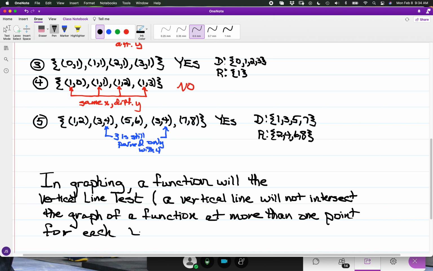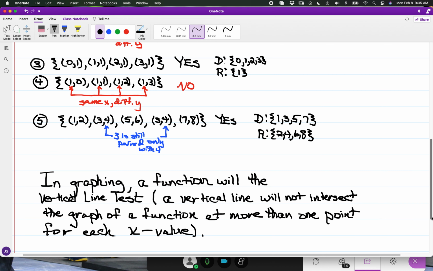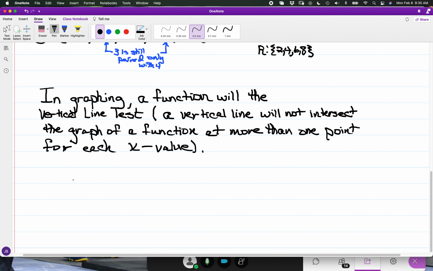Taking this, and using the vertical line test, we can see whether a graph is going to be a function or not.